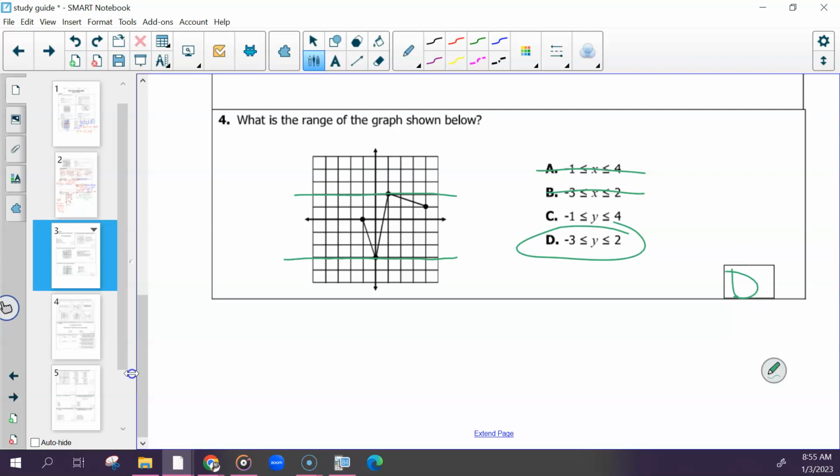Now, if this was a question that said write your range, I would want you to do curly brackets, y, the line, and then the rest of that. This answer just didn't have that. Okay, on the next page.